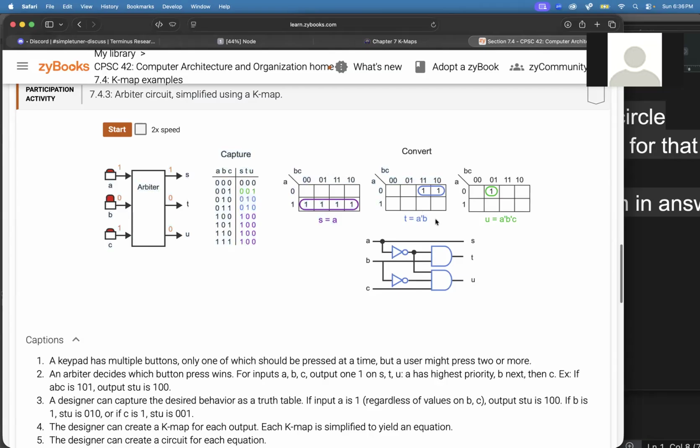But for T, which is button B, you only output button B if you're pressing button B, but you're not pressing button A, right?